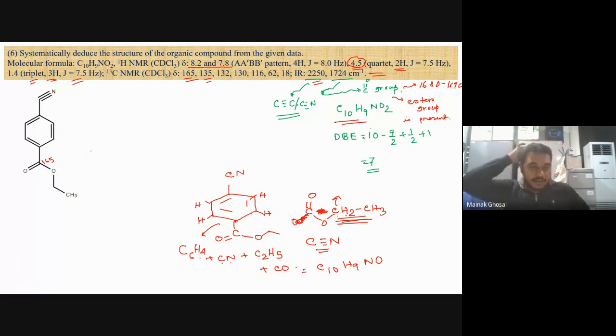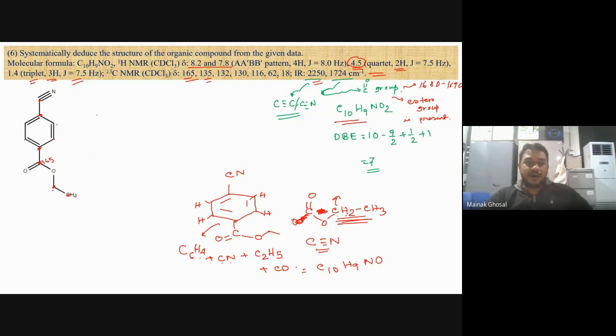So 7 carbon signals are there. Count the carbons: 1, 2, 3, 4, and these two are equal, 5, these two are equal, 6, 7, 8. But I have been given 1, 2, 3, 4, 5, 6, 7. Is this wrong? Only 7 signals are there?